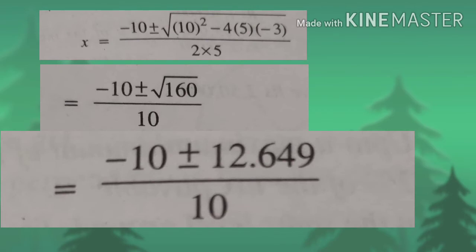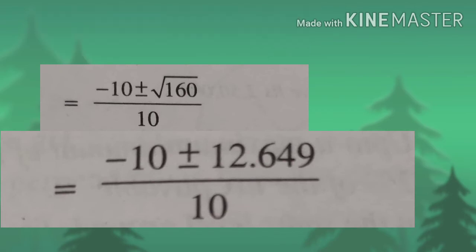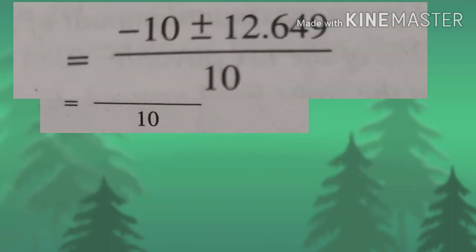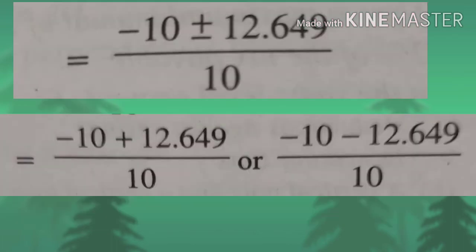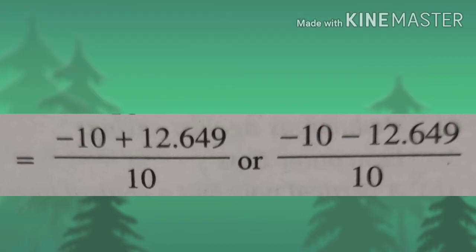This is equal to minus 10 plus or minus 12.649 whole divided by 10, which is equal to minus 10 plus 12.649 whole divided by 10 or minus 10 minus 12.649 whole divided by 10.